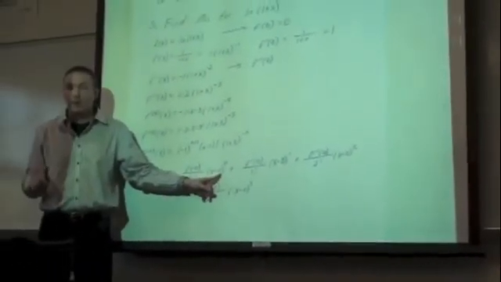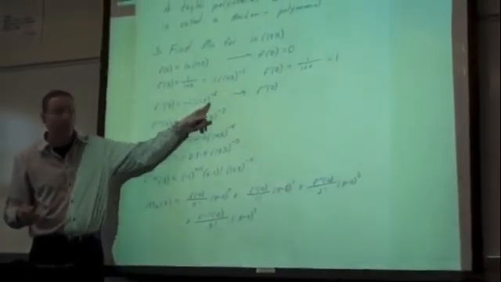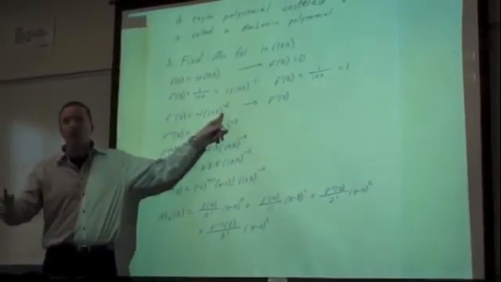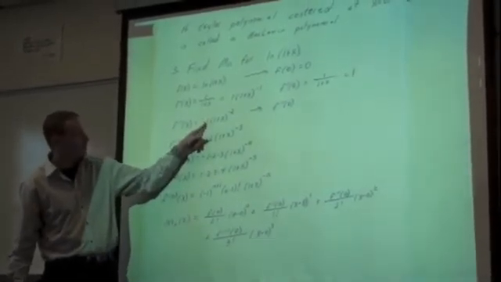And just to make a long story short, I know this group is always going to be 1, because x is always 0. So 1 to any power is 1. So I can pretty much just ignore that throughout. The only thing that's going to matter is the term in front. Negative 1.